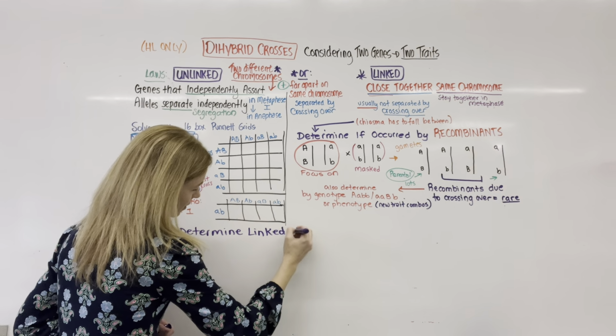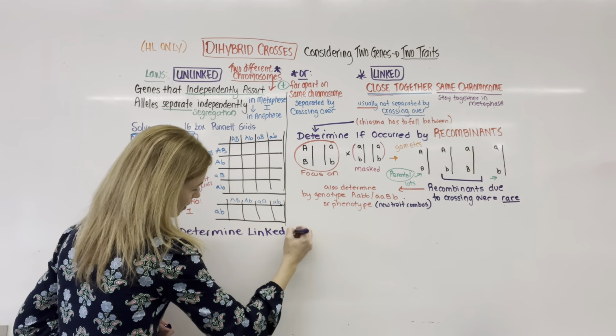So we do that with a chi-square goodness of fit test. So goodness of fit rather than independence, but you don't really need to know that distinction. Okay, so when we do the chi-square test, the null hypothesis is that they do assort independently.